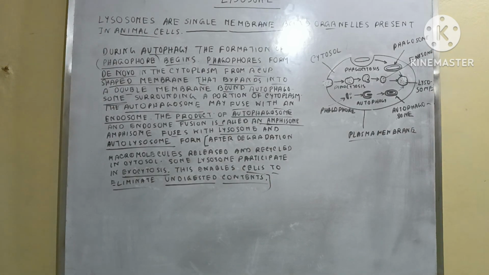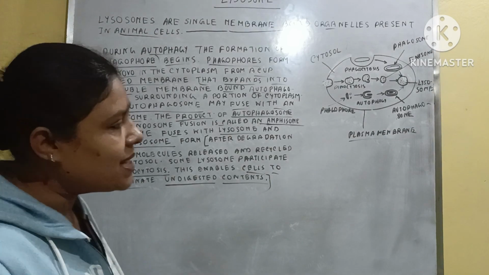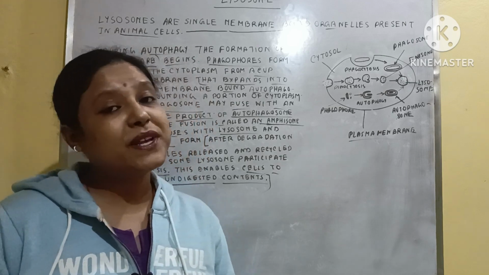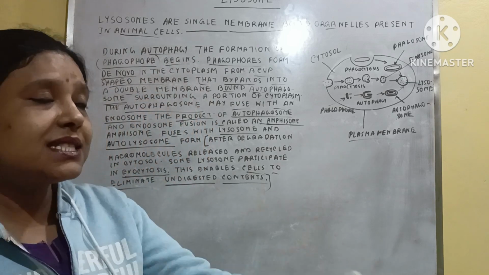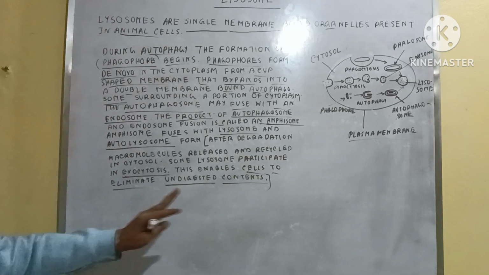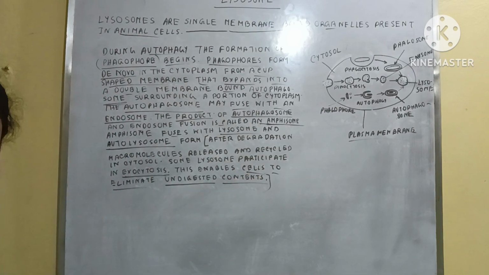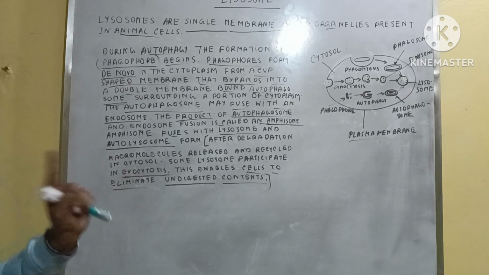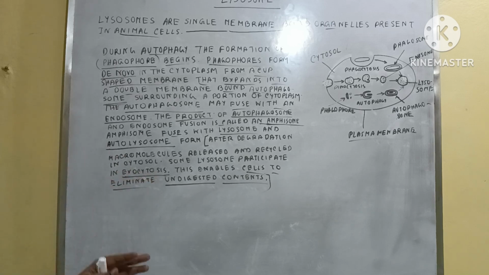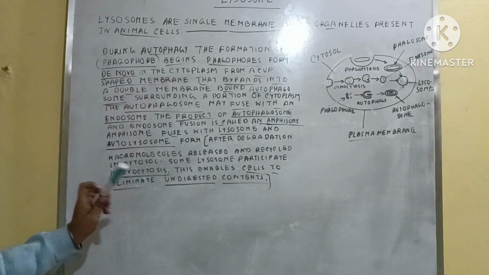Clear? After complete digestion within the lysosome, there are remnants present within the cell, and these are released from the cell with the help of a specific lysosome, and the process is called exocytosis, by which this is released from the cell to the outside.